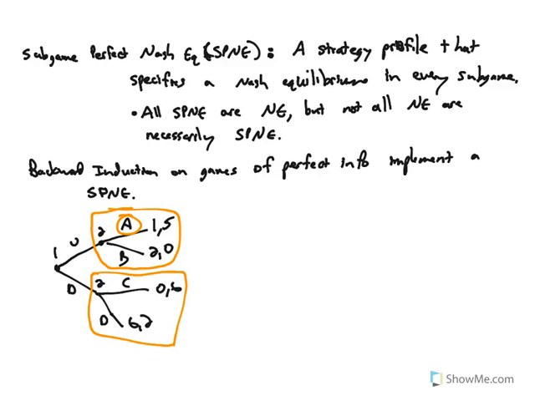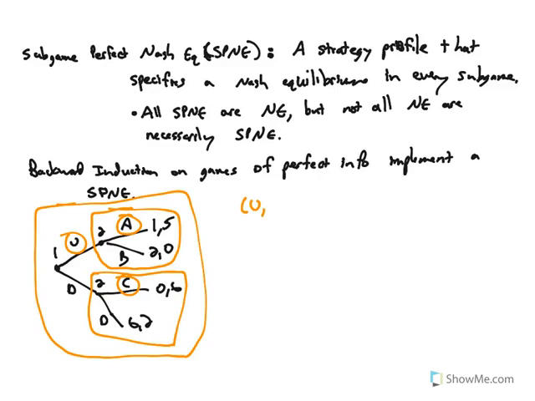But this one has to be implemented in equilibrium, which means that player 2 will choose C. And then this also has to be implemented in equilibrium, which means that player 1 knows that by playing up, she'll get 1, and by playing down, she'll get 0, sorry, so she's going to play up. So player 1 choosing up, player 2 choosing AC is the unique SPNE of this game. Okay?